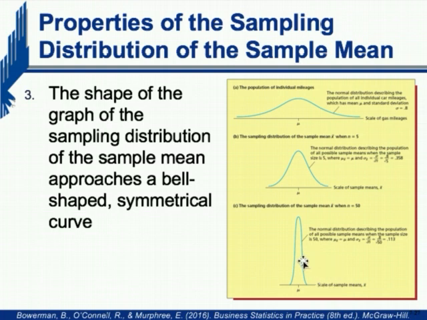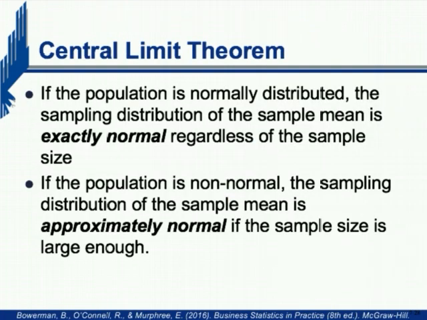So it's now taller as compared to the first one, and in terms of the spread, it's narrower compared to the sampling distribution of the sample mean when n is just equal to 5. Now, this can be explained by the central limit theorem.